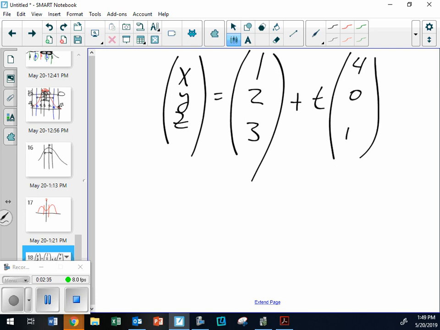And it's a vector that basically heads in that direction. And it starts at 1, 2, 3. Over 1, up 2, back 3. So it starts about here, and then it goes 4 over, not up, and back 1. So it's kind of like this.